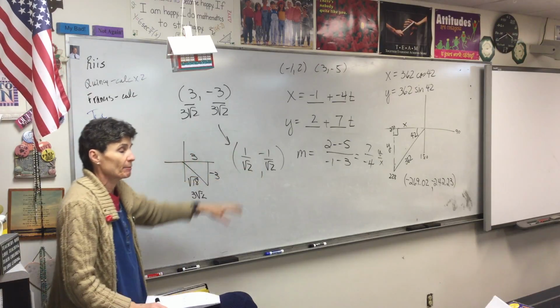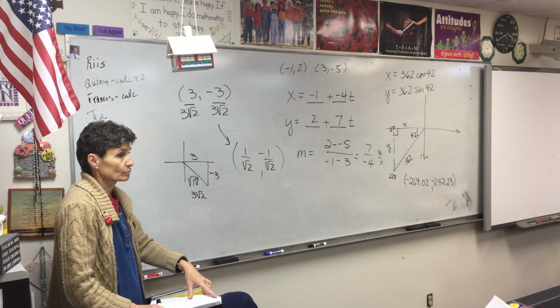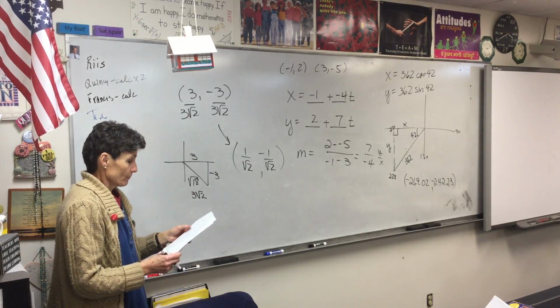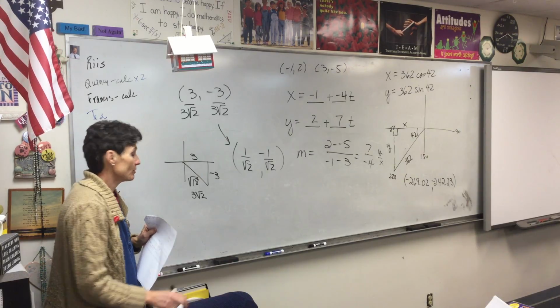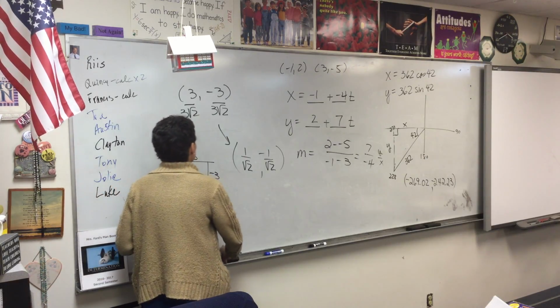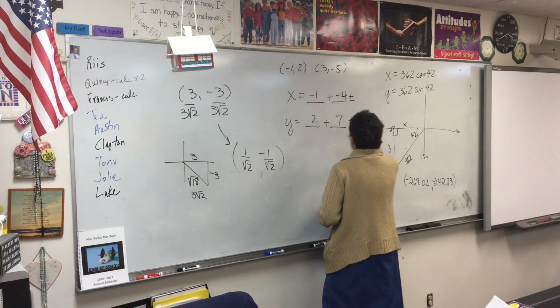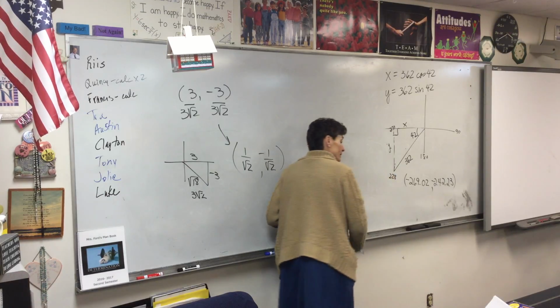That doesn't always happen, but we did this time. How do we find a unit vector? We divide the coordinates by the magnitude. How do we find the magnitude? Pythagorean.